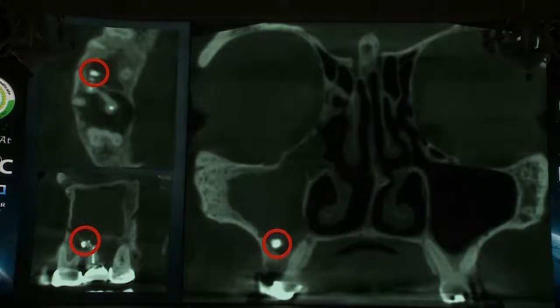I evaluated the case using cone-beam CT, and I found there is a radiopaque area inside the sinus. It's not a metal post. I found there is a chronic sinusitis. Actually, there is unilateral nasal discharge from the right side only. Okay, but the other sinus is clear.